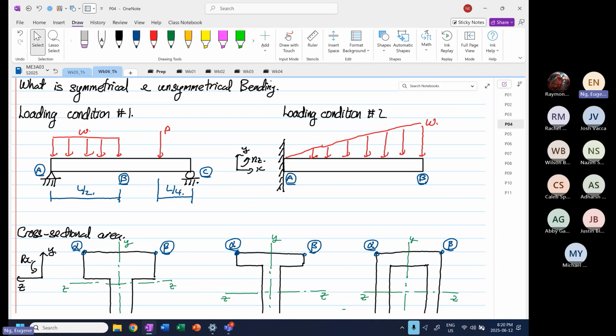Condition number 1, symmetrical. Okay. The answer is both condition number 1 and condition number 2 are symmetrical.